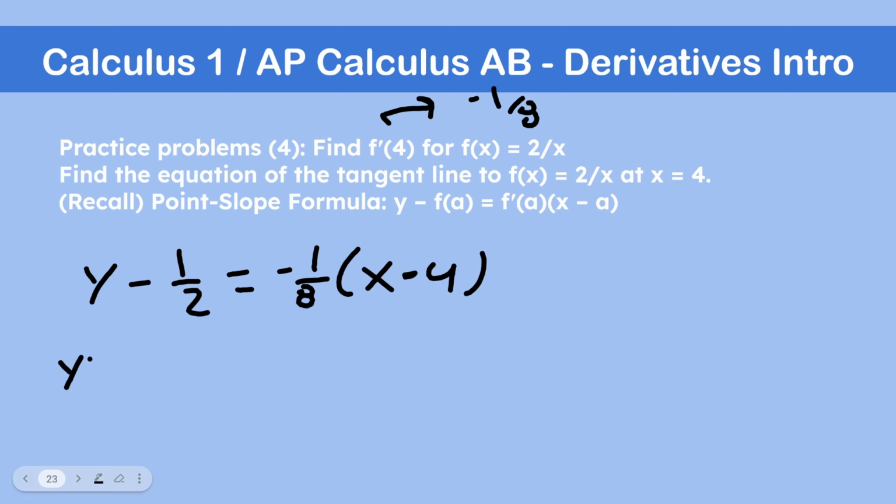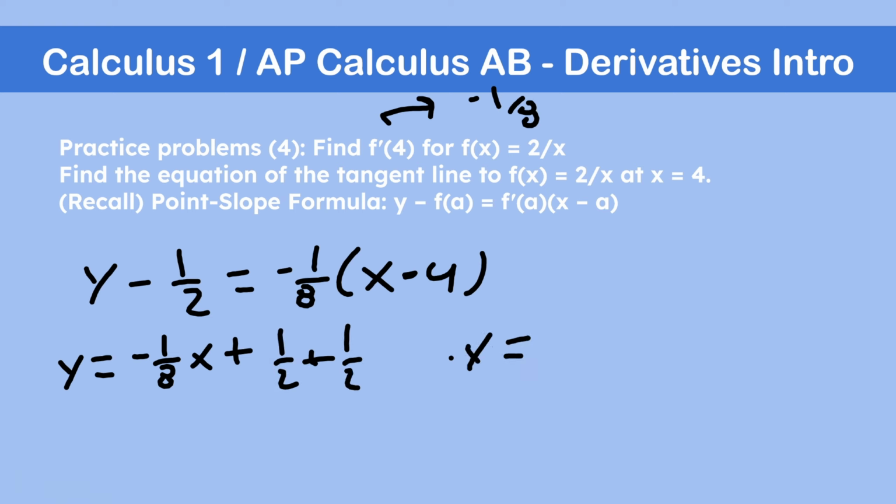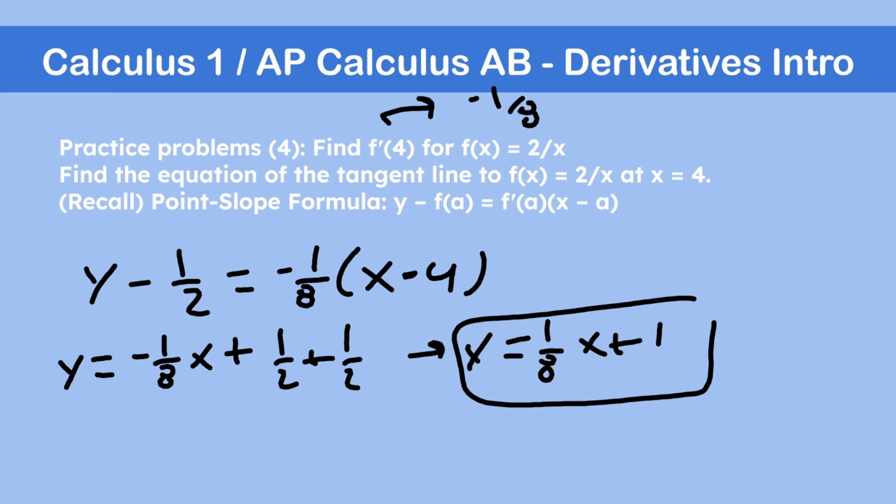Now we have y is equal to negative 1 over 8 x plus 1/2 plus 1/2, which is equal to y is equal to negative 1 over 8x plus 1, and that is our final answer. Make sure to keep your signs consistent.